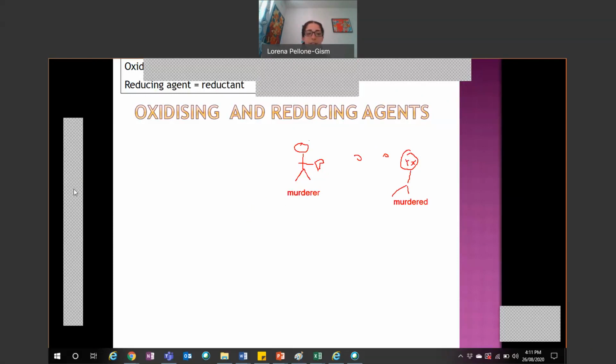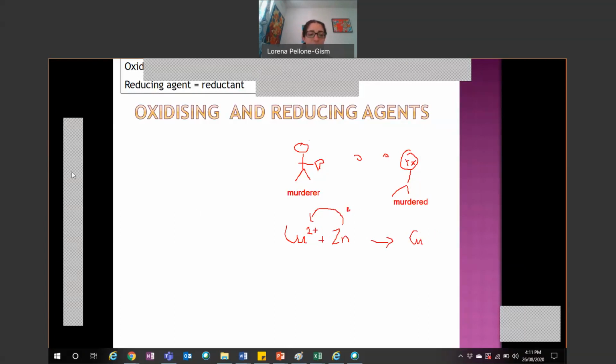So in that same idea, if I have a look at copper 2 plus reacting with zinc in that first equation and producing copper solid, the zinc is giving electrons to the copper 2 plus. You can think about them like little bullets.